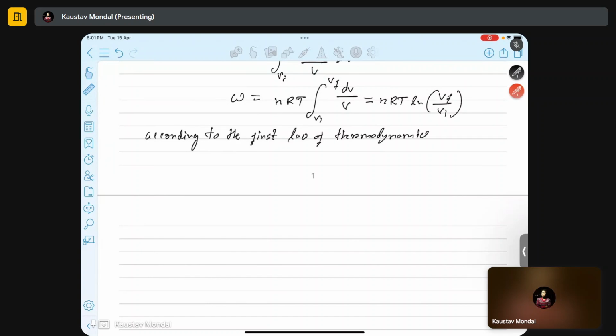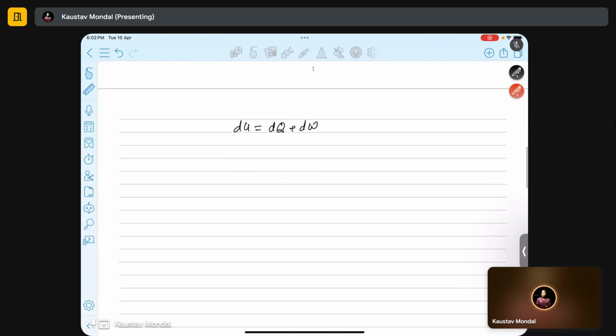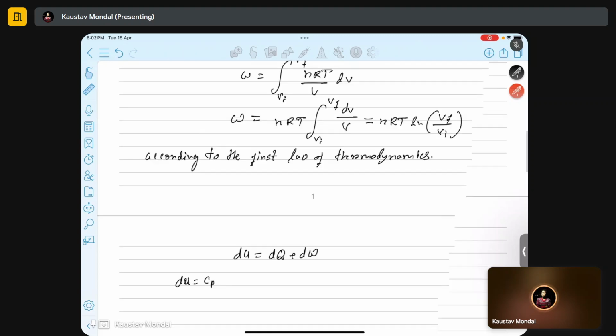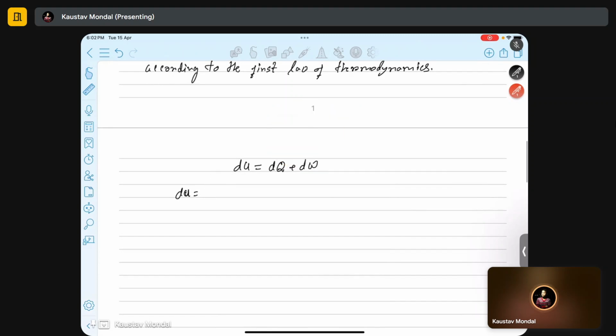According to the first law of thermodynamics, what we know is dU equal to dQ plus dW, right? Now here, what is dU? dU is C dT.